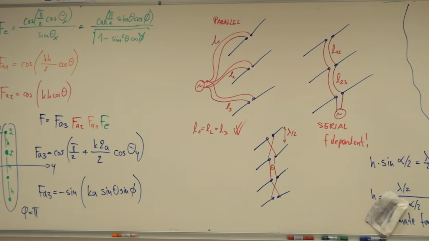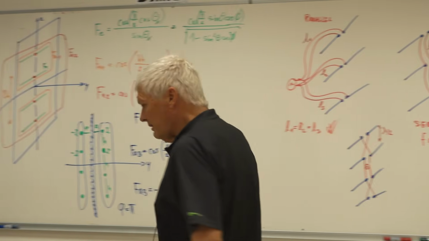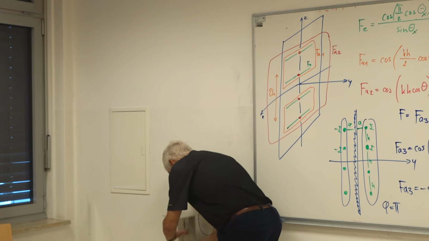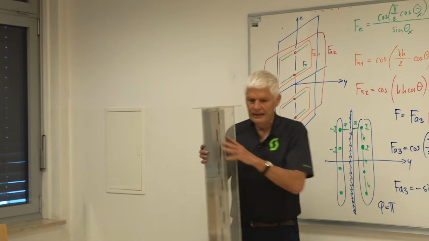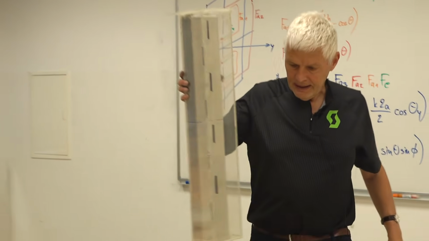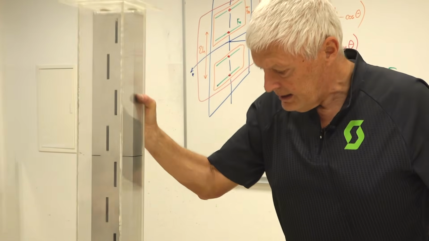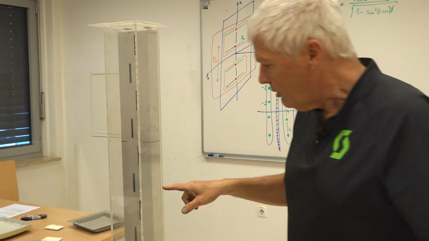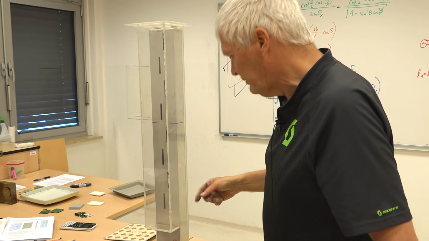There are also serial fed antennas. Serial fed antennas are built on many occasions with waveguides, like this one here. There are slots, and slots are cut vertical in the broad side of the waveguide.